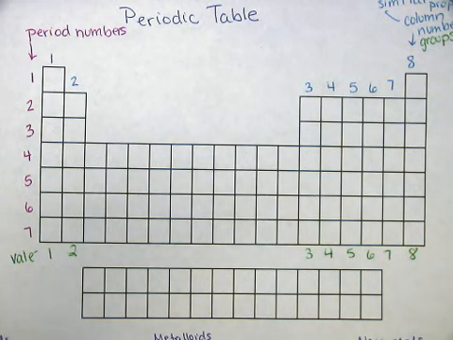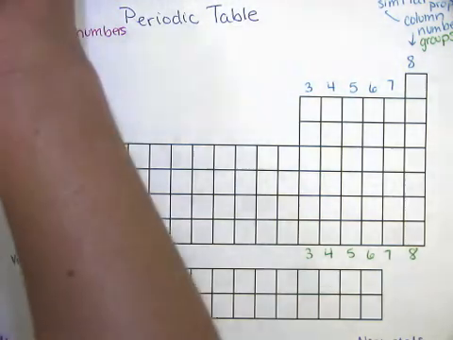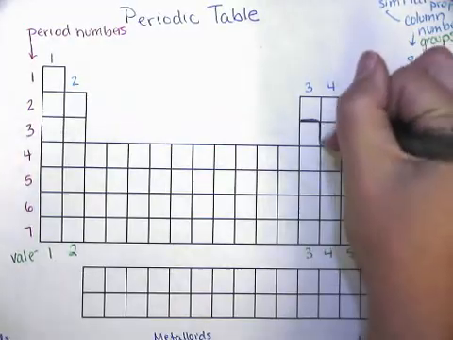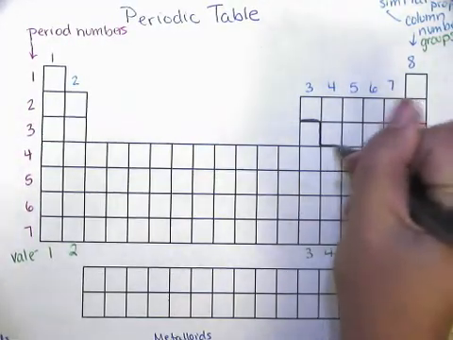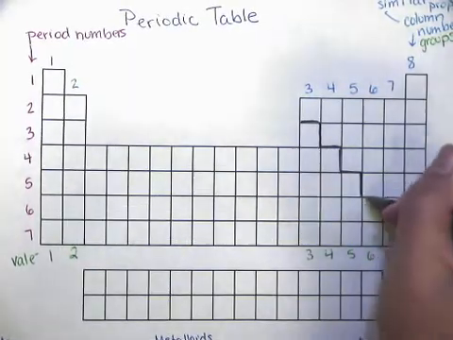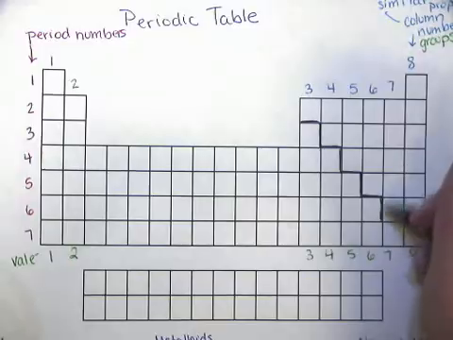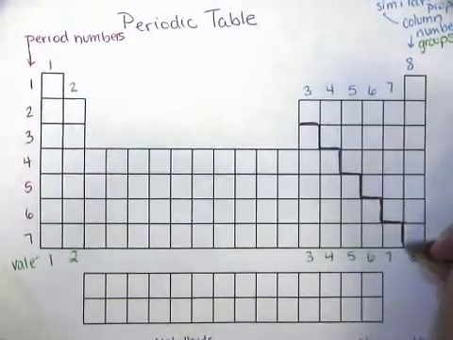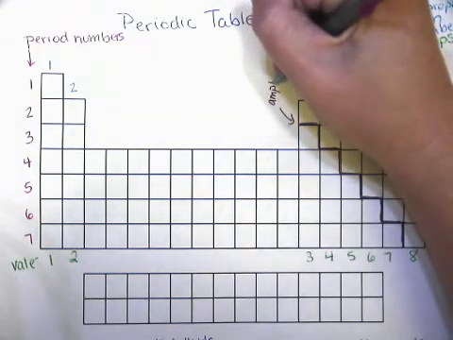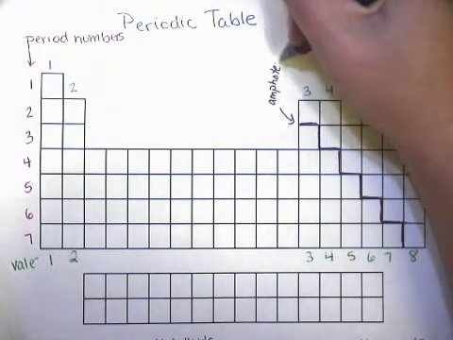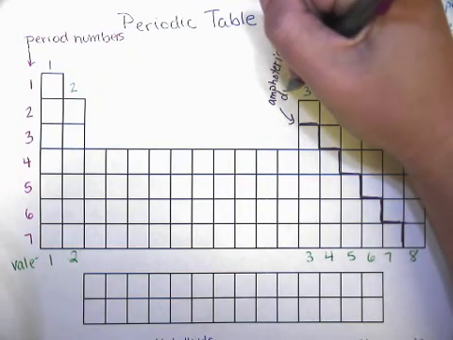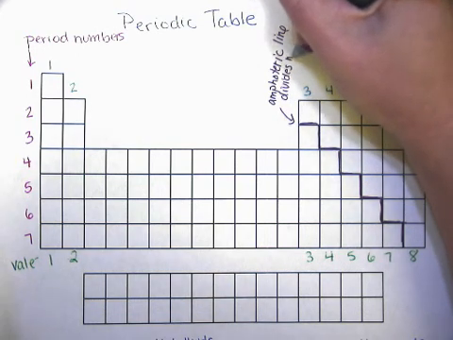On our periodic table, we have a dividing line, and our dividing line runs here and comes down, over, and down. So it's a zigzag line. This zigzag line is called the Amphoteric Line, and it's the dividing line between metals and nonmetals. So this is our amphoteric line, and it divides metals and nonmetals.